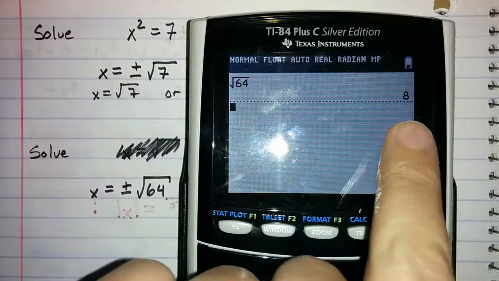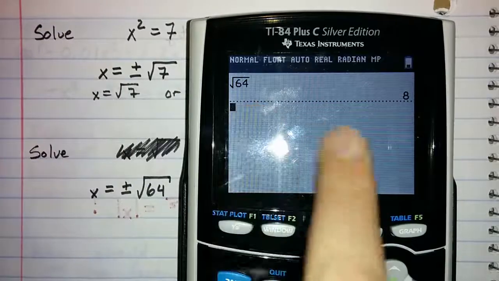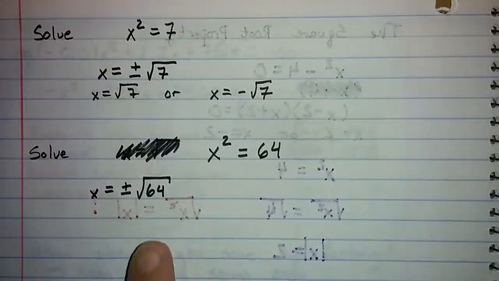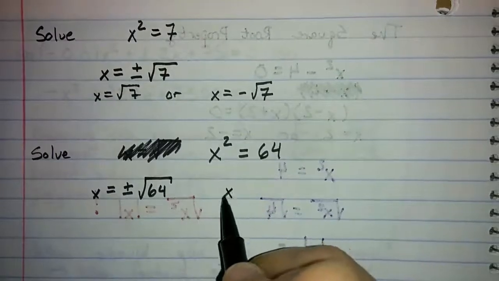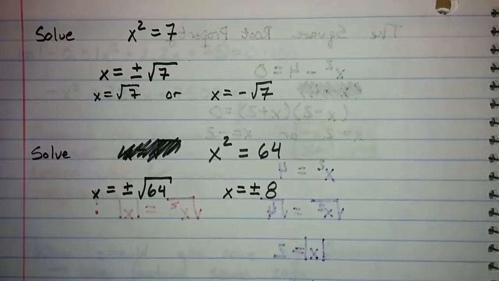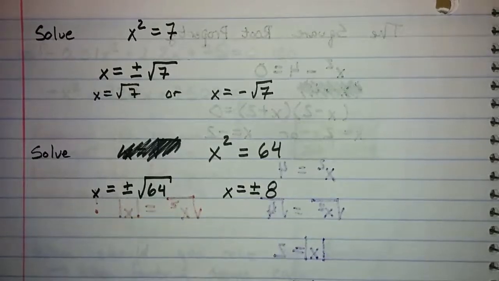I see that the answer is a whole number, so 64 was a perfect square. Its square root is 8. I can give this as x equals plus or minus 8. And notice I stopped writing square root after I took the square root.